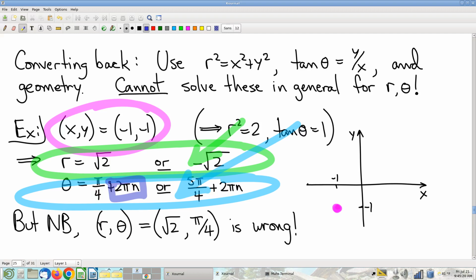Nothing happens when you do any number of full turns. So plus 2 pi n is just this recognition that turning around a full turn doesn't really do anything. Okay, so aside from that, the point is that theta can be either pi over 4 or 5 pi over 4, and that is what this is telling us.